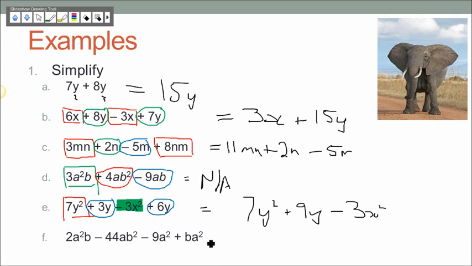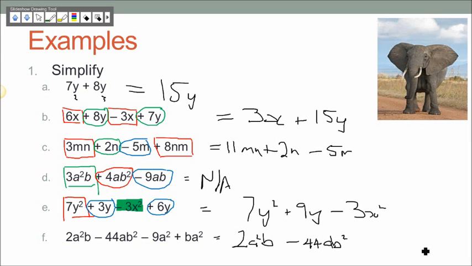All right, let's try and rush through this last one. The answer to this one, let's see, we've got 2a squared b. No more a squared b, so that's going to stay there. 2a squared b. Then we've got minus 44ab squared. So minus 44ab squared.